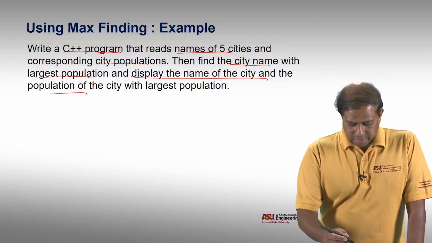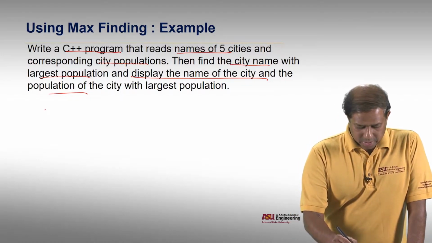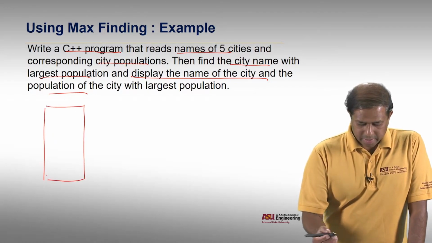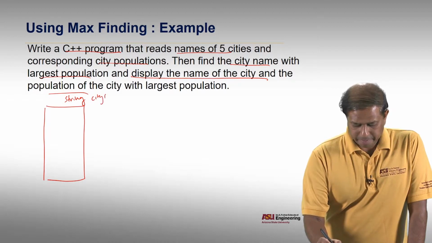If we draw a diagram to explain how this problem works, we will have one array, which is actually a string array. Let's say city name, right?